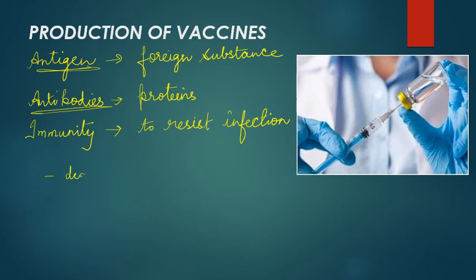They can be the dead form of microorganisms, and these are induced in our body because they act as antigens, and against them our body prepares antibodies. It prepares the proteins which are antibodies which fight against them, so that whenever the microbe of this particular disease attacks our body, the antibodies which are already present in our body will protect us from getting infected by that particular microbe.